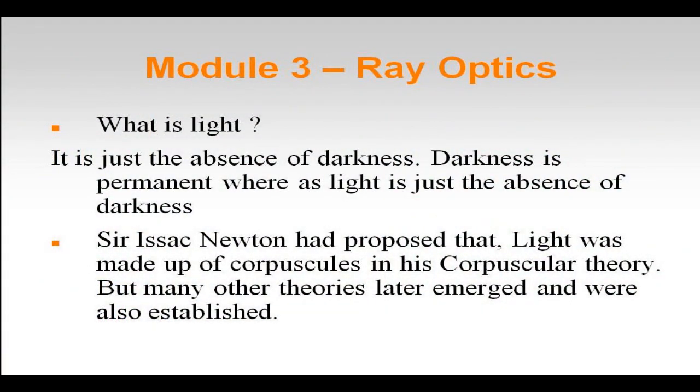What do you mean by light? What is light? You cannot give a definition for light actually, but light is something which removes darkness. Okay? Do you understand? Darkness is the permanence or the reality, whereas light removes darkness.